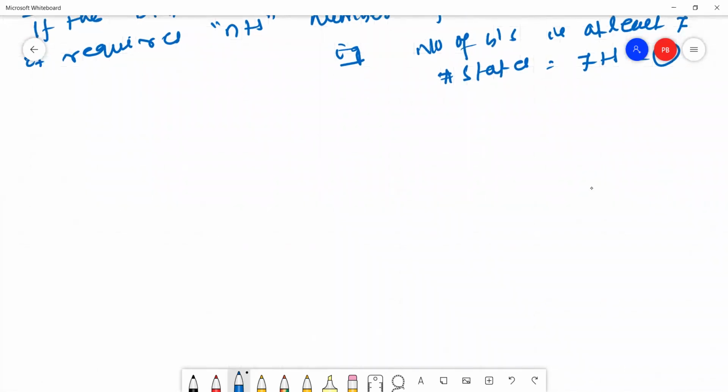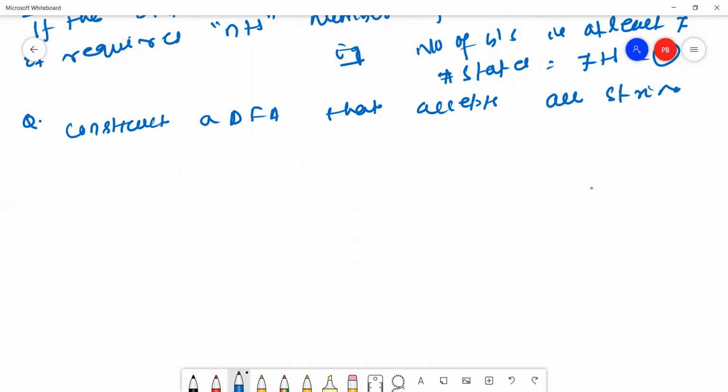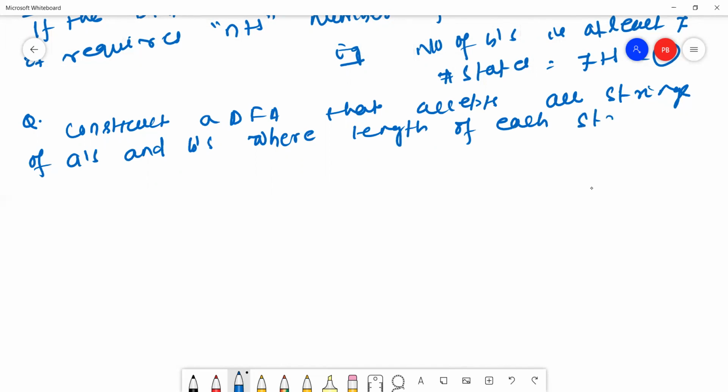The next question. Construct a DFA that accepts all strings of A's and B's where the length of each string is at most 3.